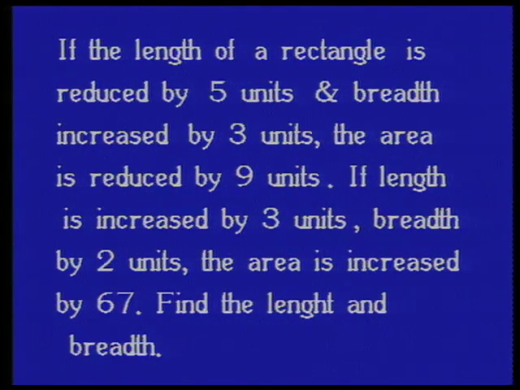But if the length is increased by 3 units and the breadth is increased by 2 units, its area gets increased by 67 square units. Now, having seen the problem, what do you feel are the unknown quantities over here? The unknown quantities are the length of the rectangle and the breadth of the rectangle.